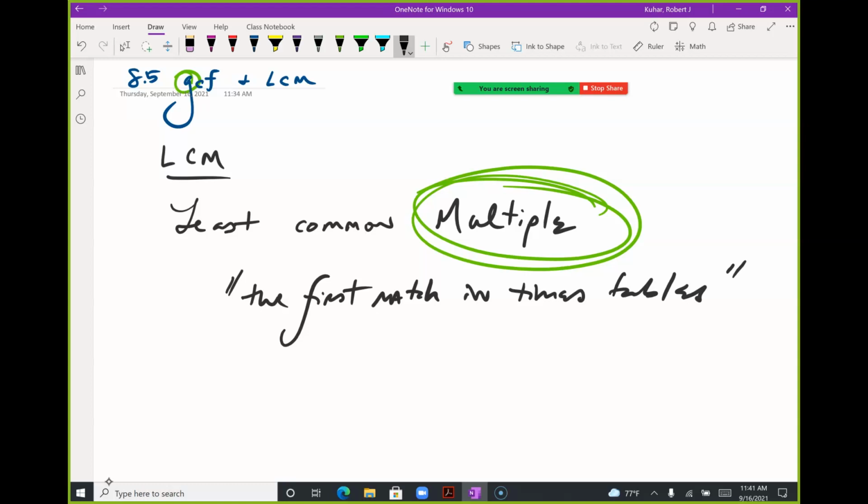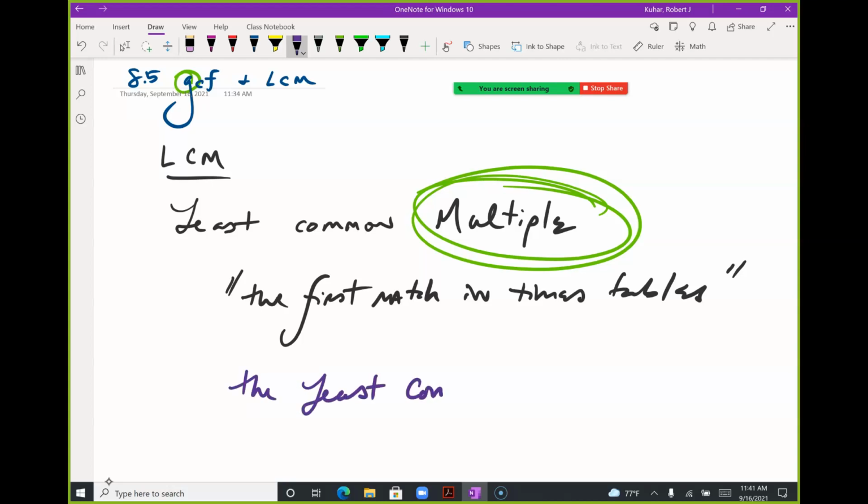And it's in quotes because it's a little bit suspect how I'm saying it maybe. This thing is very important to us where we're going. We're going to fractions next. This is also called the least common denominator.